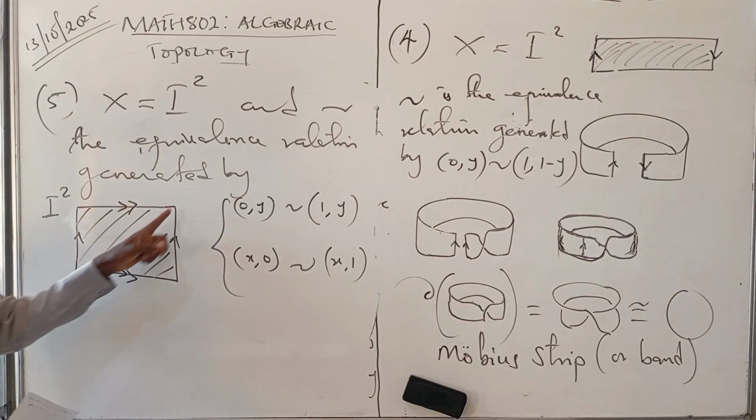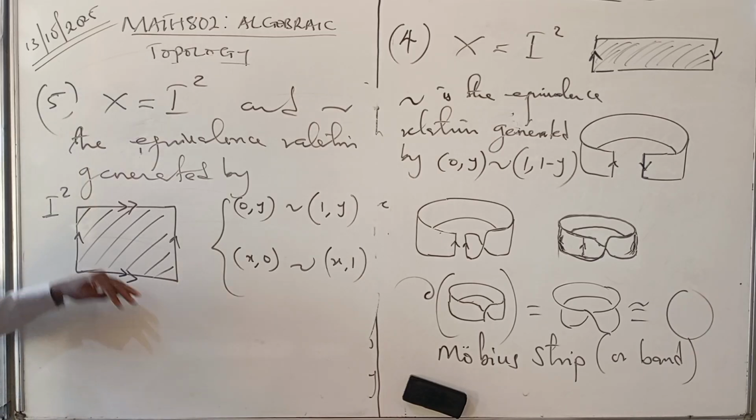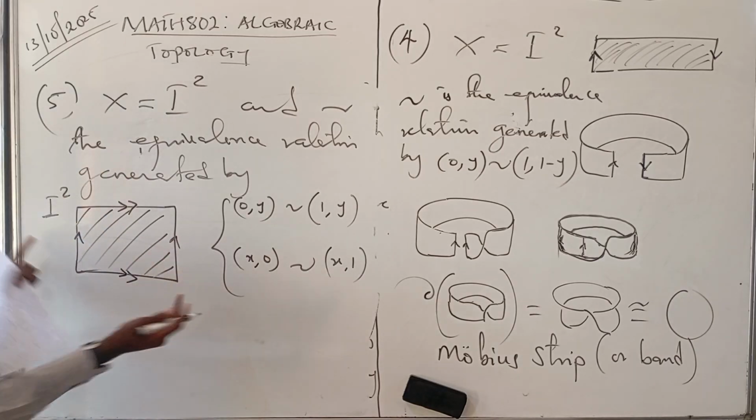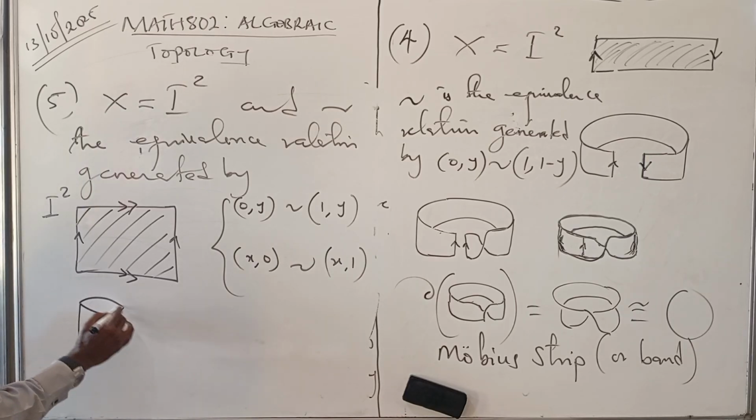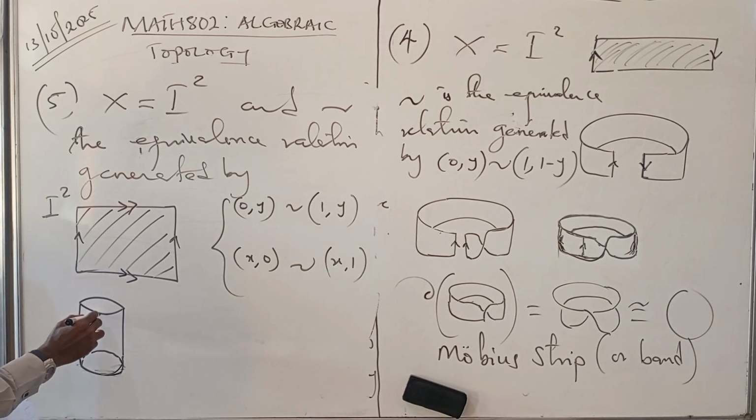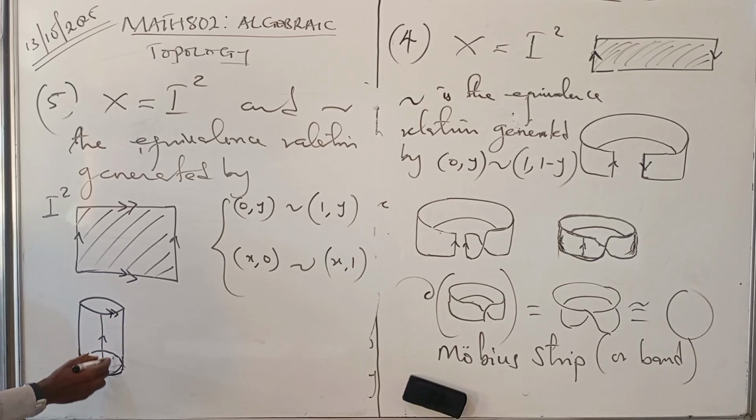Okay, so this boundary will be identified with this boundary, and this boundary with that boundary. If you do the first identification, it's just a cylinder. But then this side is to be identified with this side, straight.